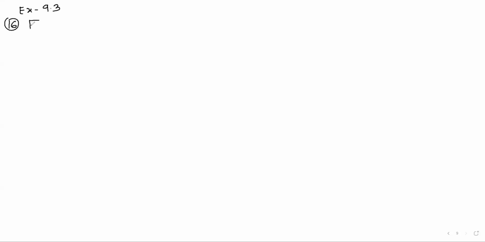Find a GP with A equal to 7 and 7th term is 64. Sorry.